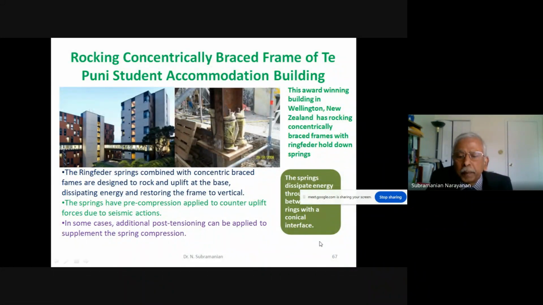The springs dissipate energy through the rings with a conical interface. Actually, the springs have pre-compression applied to counter uplift forces due to seismic actions. In some cases, additional post-tensioning can also be applied to supplement the spring compression. This is the component which has been developed and used.